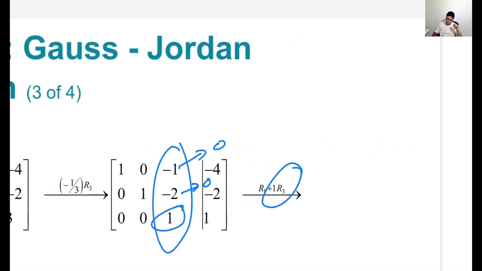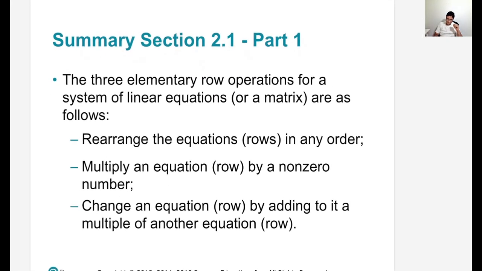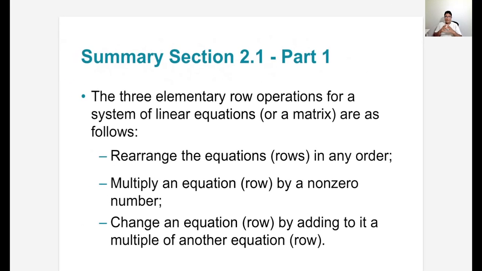Okay, let's look at the summary of the whole discussion. Okay, there are 3 elementary row operations. Let us remember them. What is that? Interchanging rows, multiplying a row by a number, adding one row to another row, and we have noticed that we can combine them. Multiplying a row by a number and adding to another row, we have seen that being done in a single step.